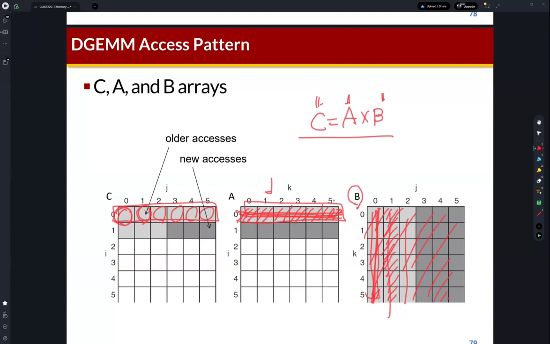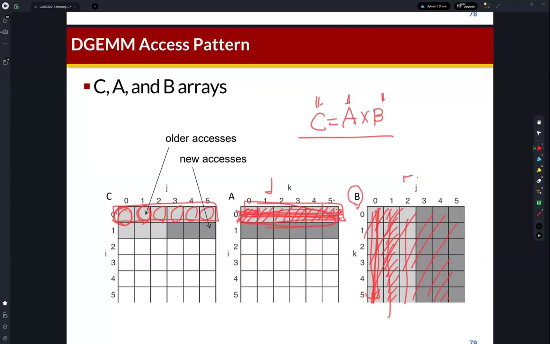Then what's the problem? The problem is, if the matrix size is large, a cache cannot store all elements of the large matrix. What does that mean? If the matrix size is large, matrix A is okay because the same row will be repeatedly used.